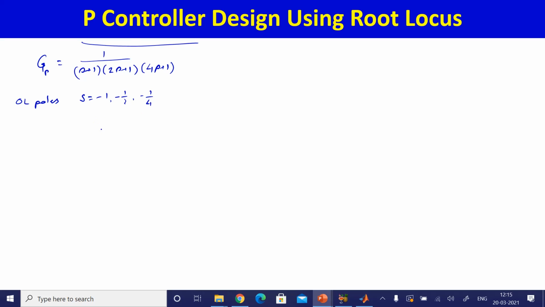So the root locus shape would be, this is minus 1 by 4, this is minus half, and this is minus 1. So the root locus, as you can see, would be shaped like this. GC is equal to KC for a proportional controller, and mirror image. So that's your root locus right there.